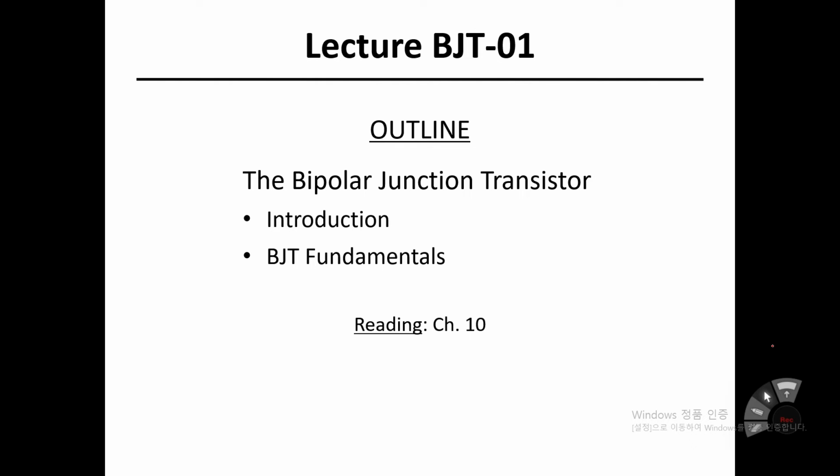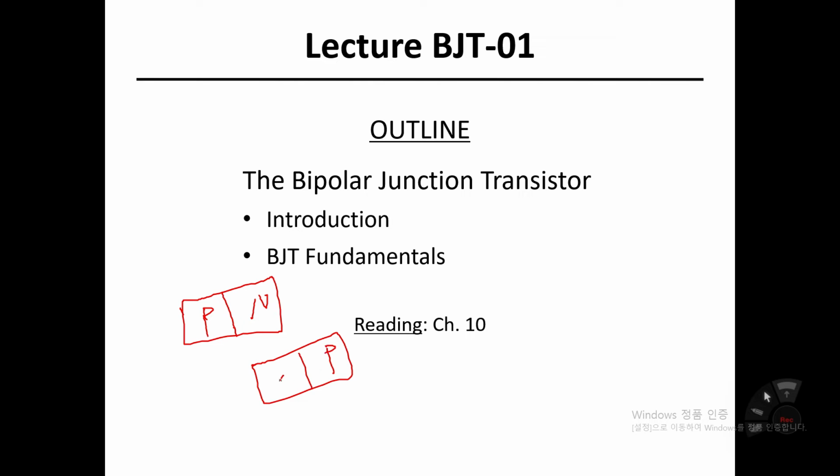But from now on, what about we extend our PN diode with one more PN junction? Let me write it down and draw it. So we have a PN diode and we have one more PN diode, and let's combine them.